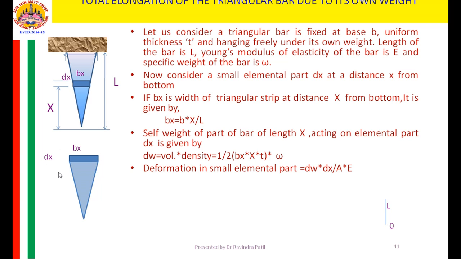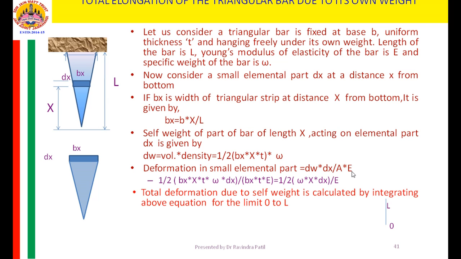So substitute these values, dw into dx divided by A into E. dw is nothing but this value, half bx into x into t into omega.